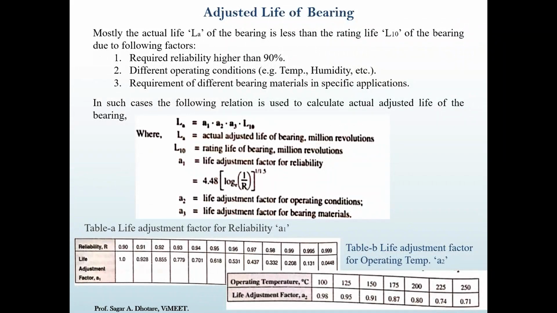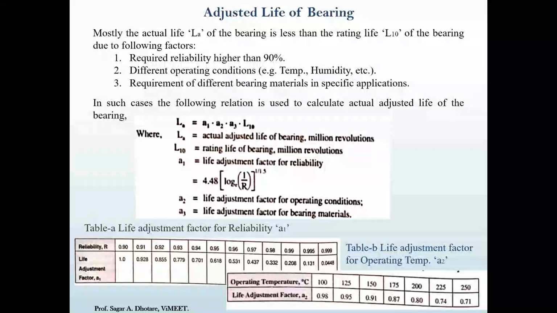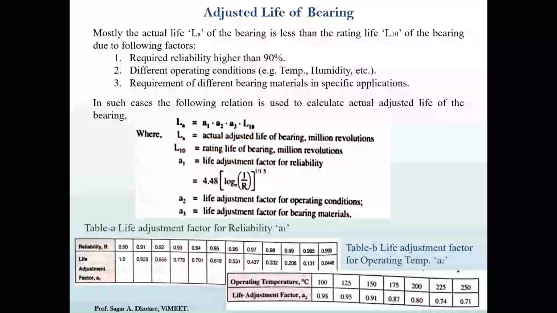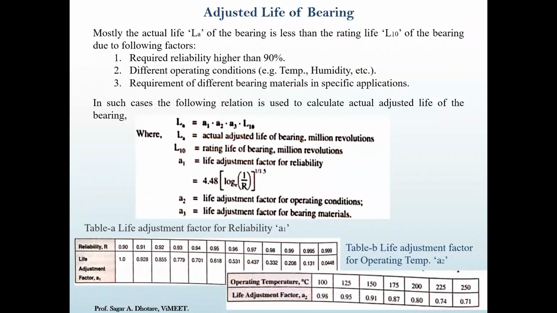Third one, requirement of different bearing material in specific application. Yes, it is necessary. If you are working with a magnetic field, you should not use a bearing having more ferrous content. In that condition you should go with a non-ferrous material. So based on these applications you need to choose the proper material.